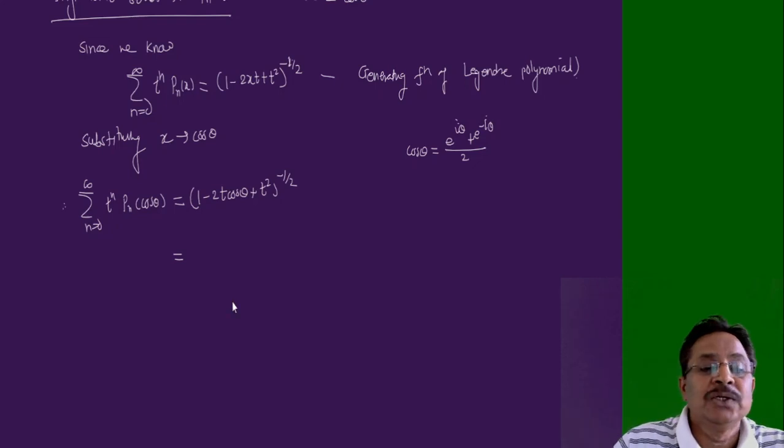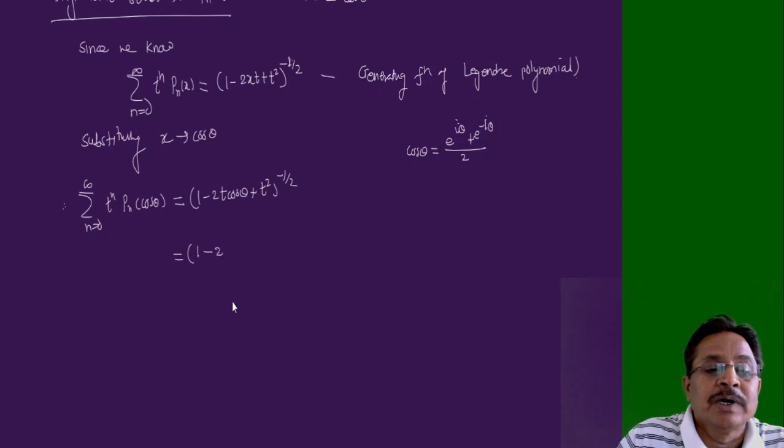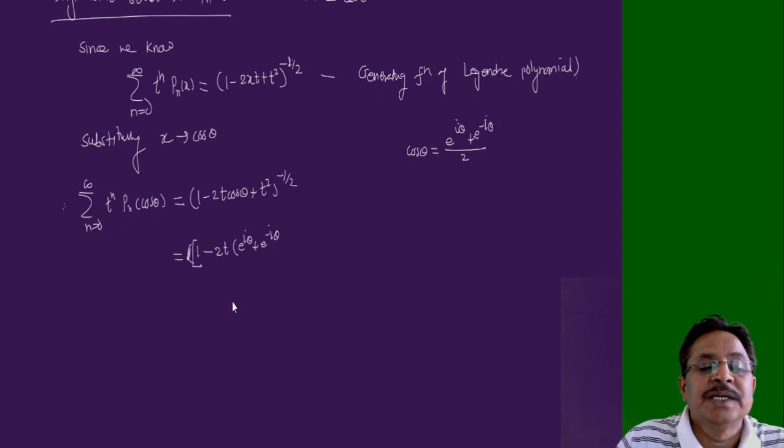Now this 2 and this 2 will get cancelled, and therefore one will get 1 minus twice t into (e raised to i theta plus e raised to minus i theta) upon 2 plus t square, and this bracket raised to minus half.